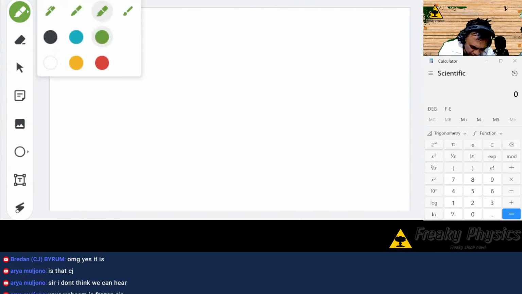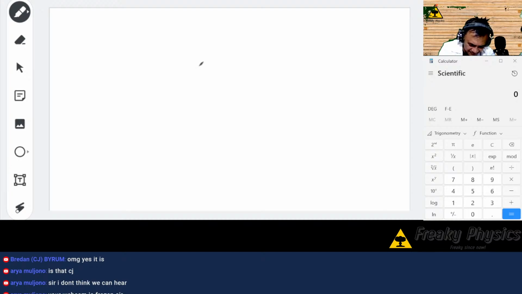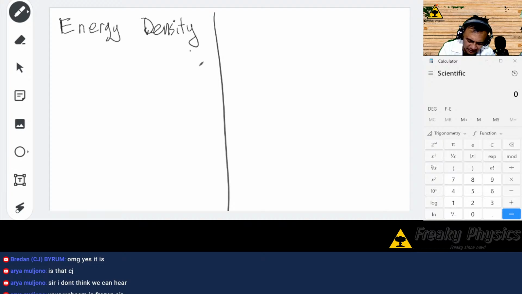Energy density. Well, what's density? When you just say the word density, without the word energy, what's the first thing that comes to mind? Solids.